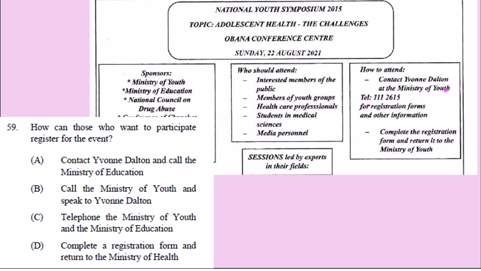Question 59. How can those who want to participate register for the event? You should contact Yvonne Dalton at the Ministry of Youth, and there's also a phone number. So we'll go for B, which is call the Ministry of Youth and speak to Yvonne Dalton.